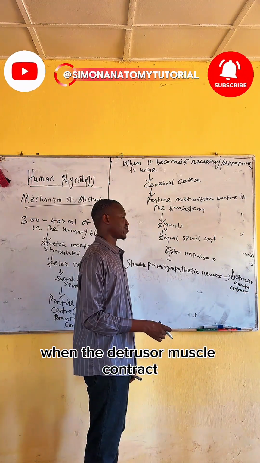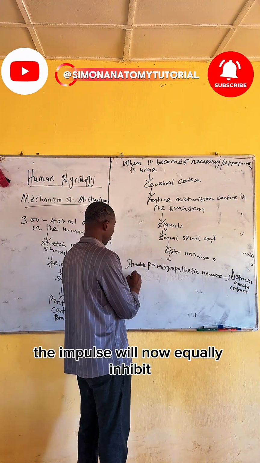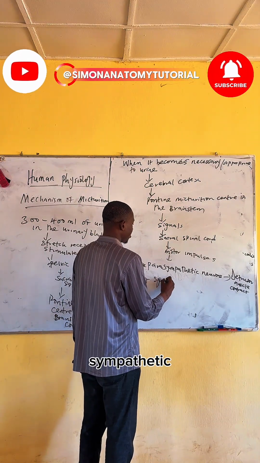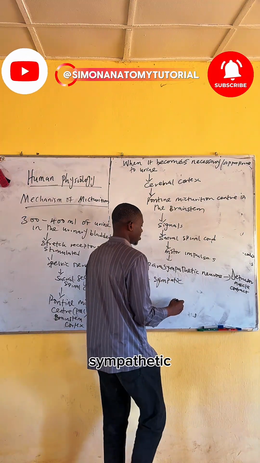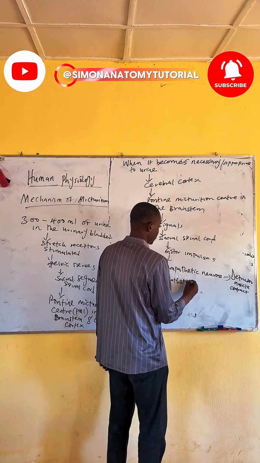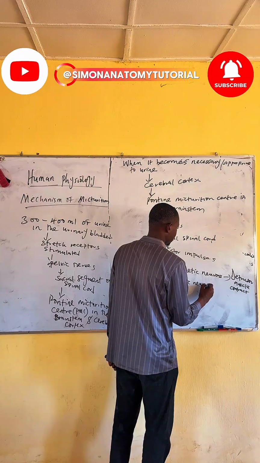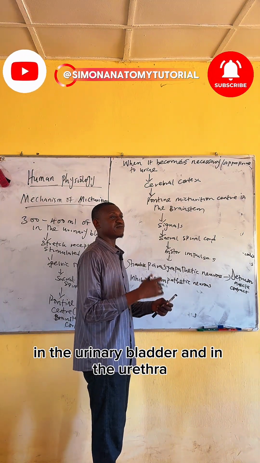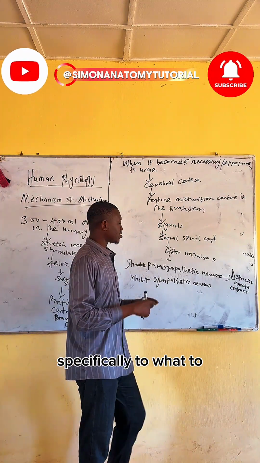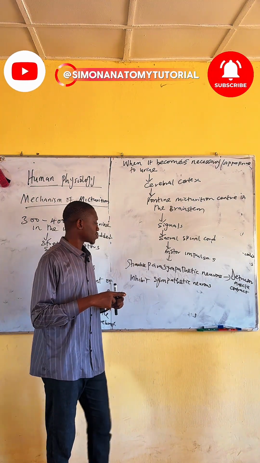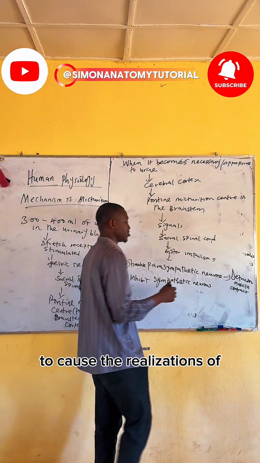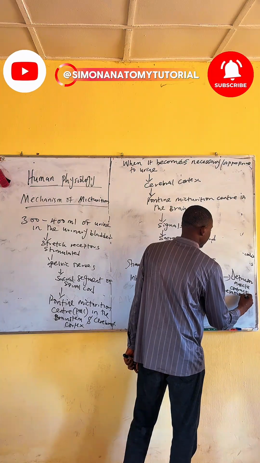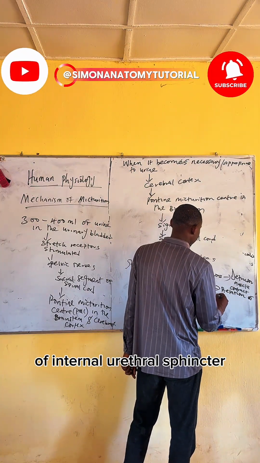When the detrusor muscle contracts, the impulse will equally inhibit sympathetic neurons in the urinary bladder and in the urethra, specifically to cause the relaxation of the internal urethral sphincter.